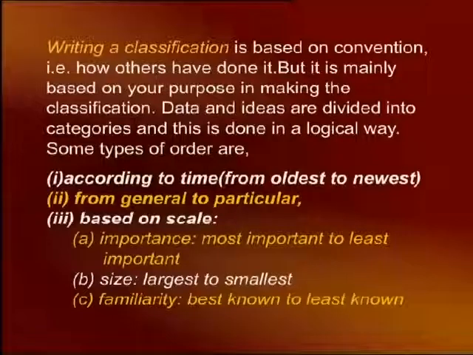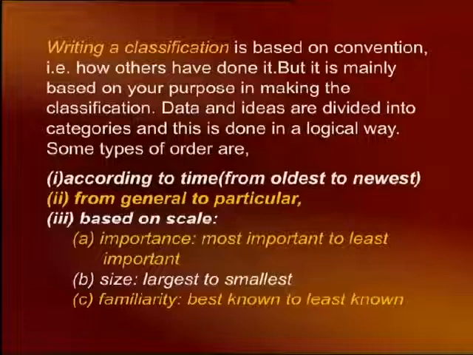One, you can do it according to time, which is you can classify things from older to newest, beginning from ancient times to modern times. You can move from the general to the particular. You can talk about emotions and then come down to talking about envy, anger, love, hatred.